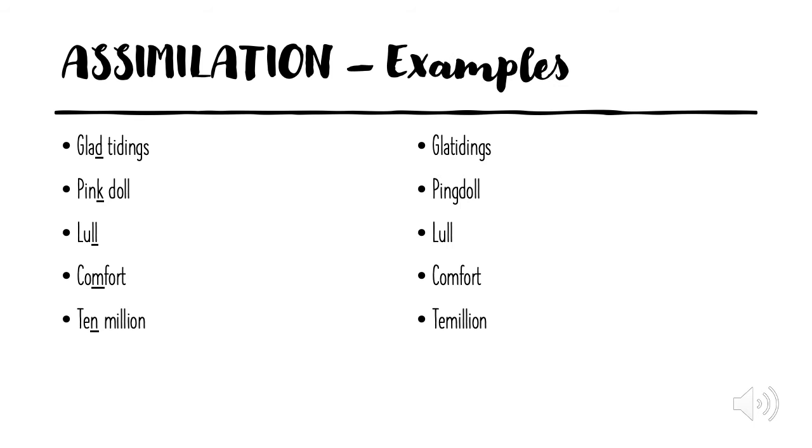Say m by itself. It's clearly a bilabial sound and it's a nasal sound. But when you say m in "comfort", you notice that we do not take it to as much of a bilabial position as we would when we pronounce the sound m by itself. Here it becomes more of a labiodental sound, the lower lip touching the upper teeth, which is how the f is pronounced. Comfort.